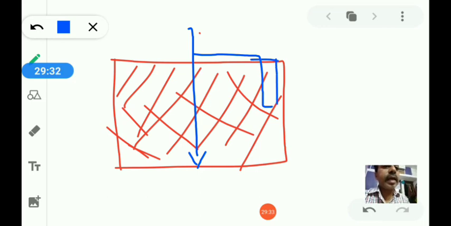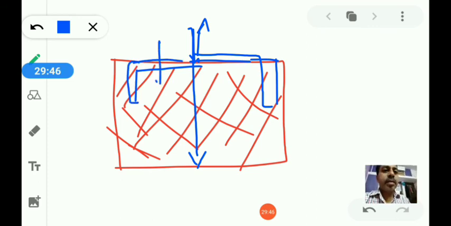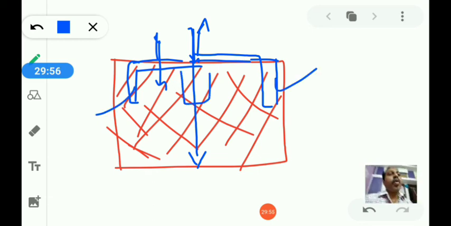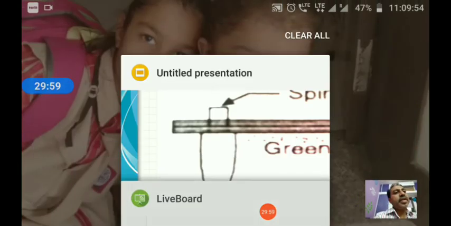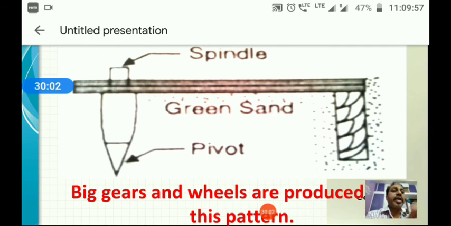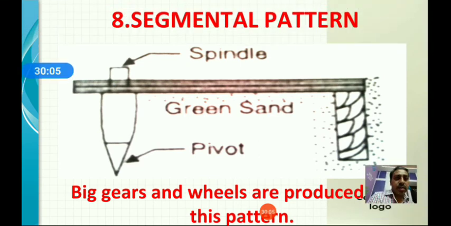Then we press it, then remove it. Then at another side, it is placed and pressed, then again removed. So this type of segments are produced. If the segments are produced in the product, at that time segmental pattern is used.